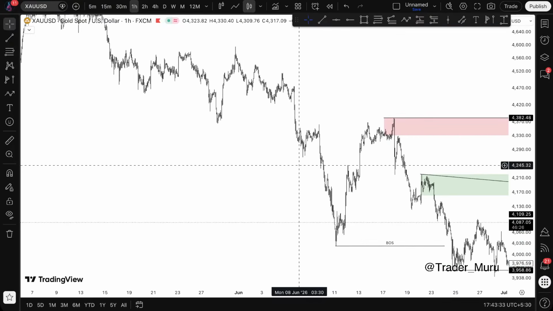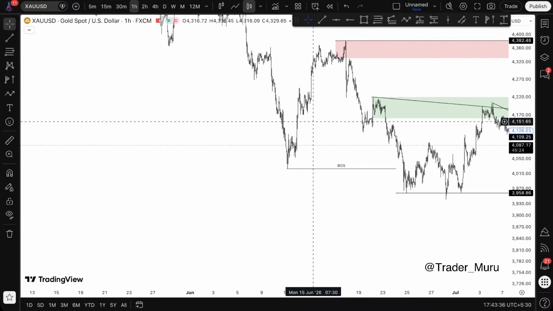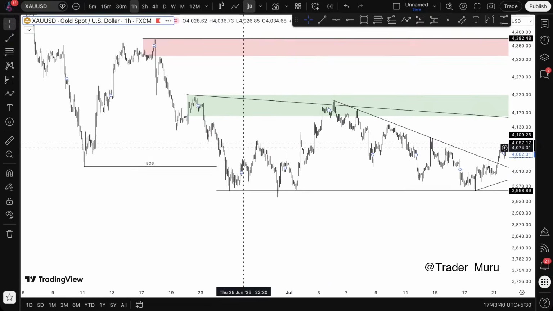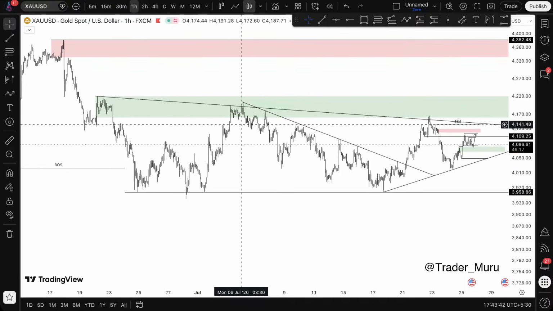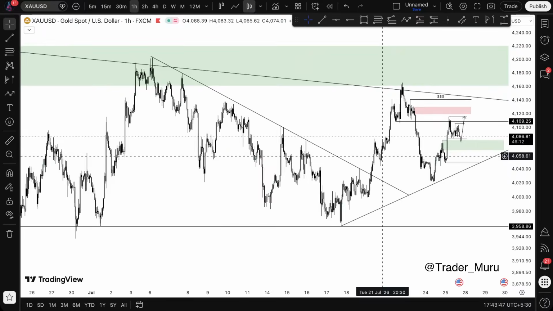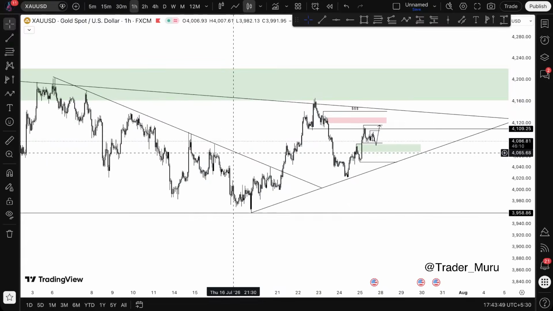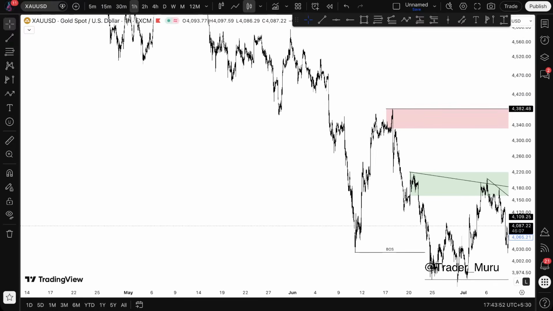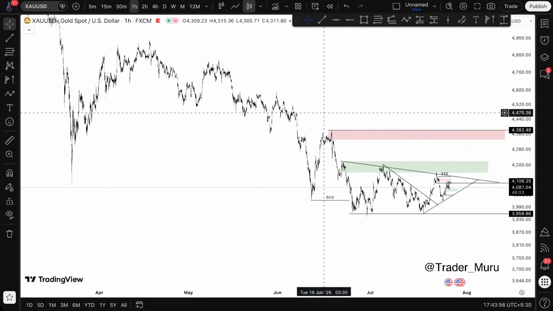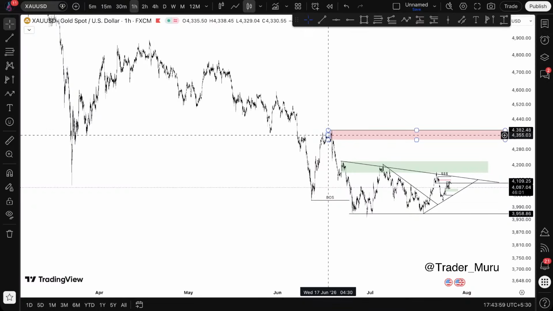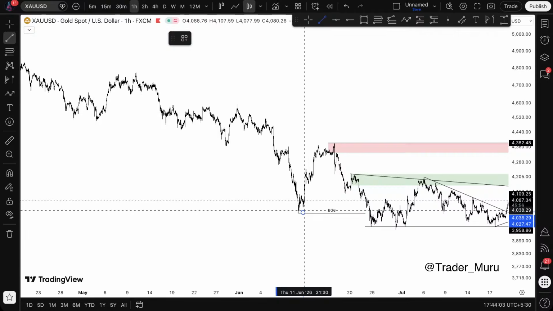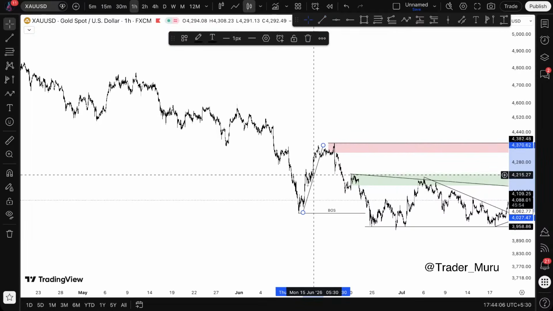When there is a downtrend, you will always see a trend line forming on upside, and when there is an uptrend, you will see a trend line forming on downside. Let me just see. Okay, so this is our downtrend. So its retracement will give you an upside trend line, which is acting as a liquidity.